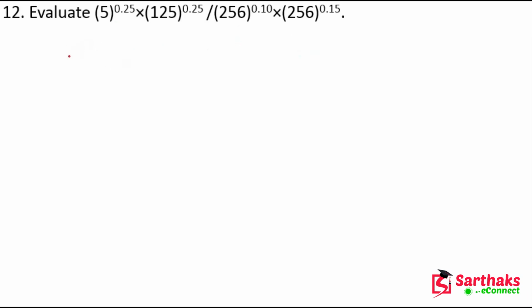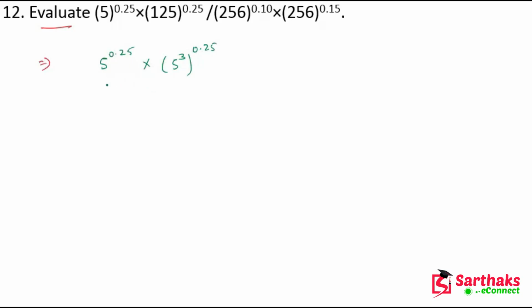Yes, now next problem. Here we have to evaluate 5 raised to power 0.25 into 125 raised to power 0.25 divided by 256 raised to power 0.10 into 256 raised to power 0.15. So we can write it as 5 raised to power 0.25 into, 125 we can write as 5 raised to power 3, and it has whole power 0.25.